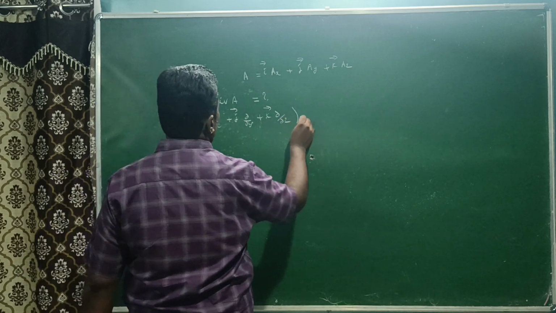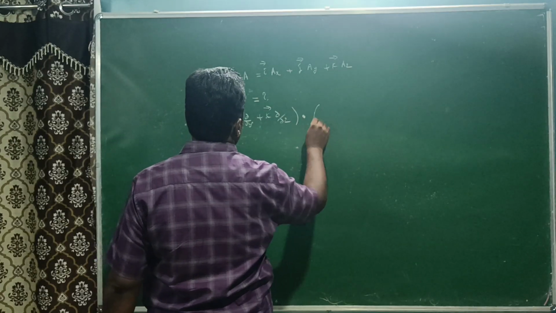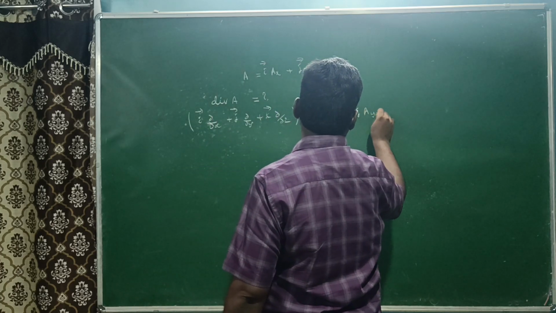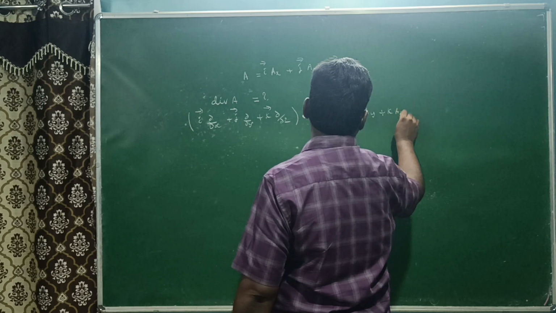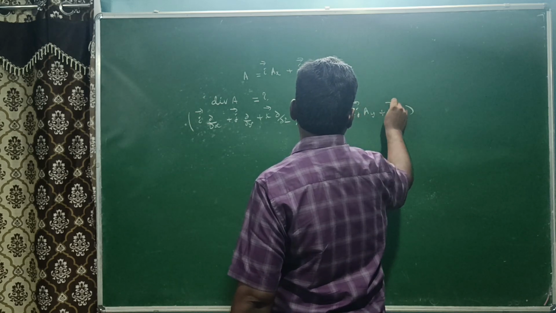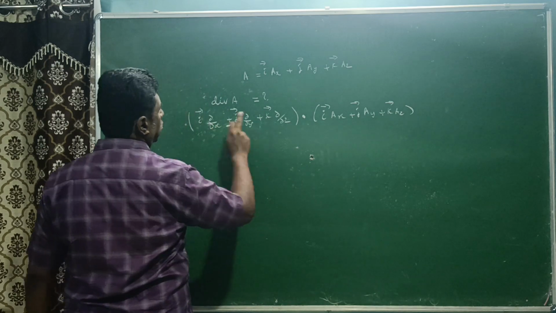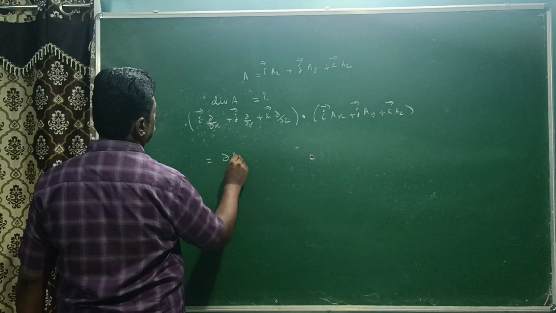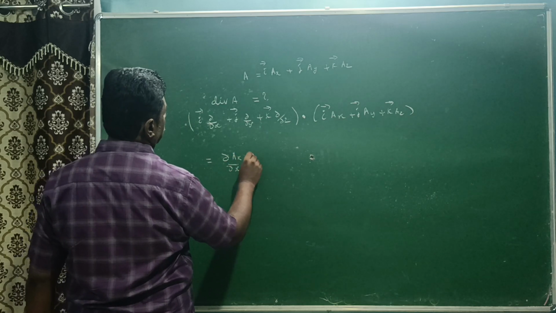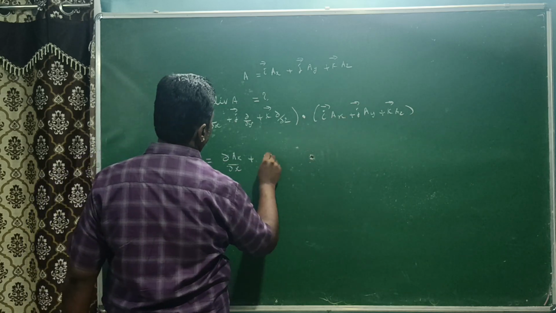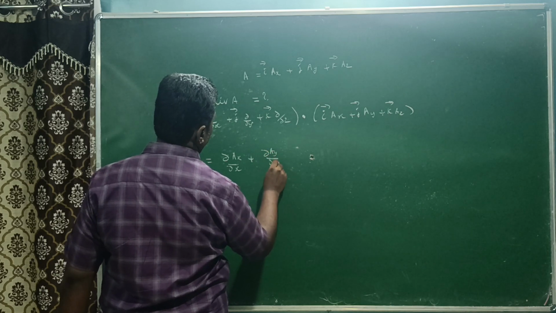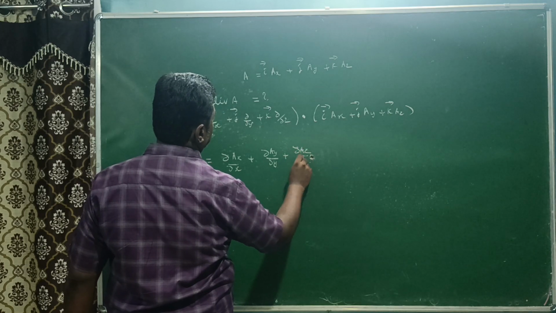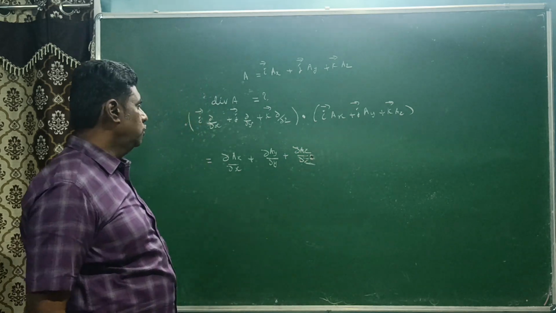This is the del operator dot (i Ax + j Ay + k Az). i dot i is 1, so ∂Ax/∂x, plus j dot j is 1, so ∂Ay/∂y, plus k dot k is 1, so ∂Az/∂z. All other quantities are 0.